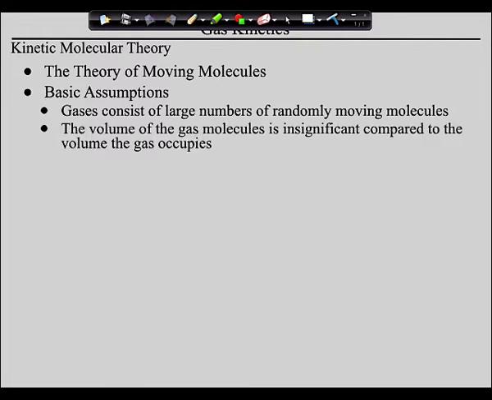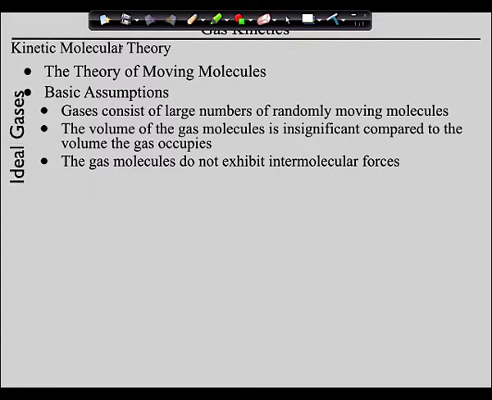As part of that, we understand that the volume of the gas molecules themselves is insignificant compared to the volume that the gas occupies. Remember, we say that gases have mass but no volume. And then we also say that these gases do not exhibit intermolecular forces. Now, all of this lumped together has a name. What is it? Ideal gases.